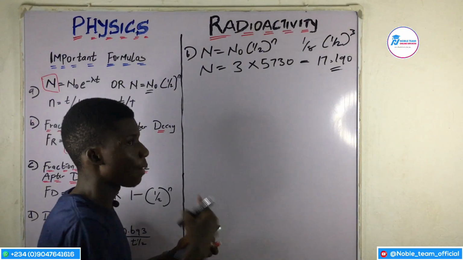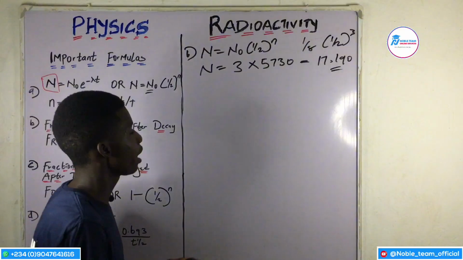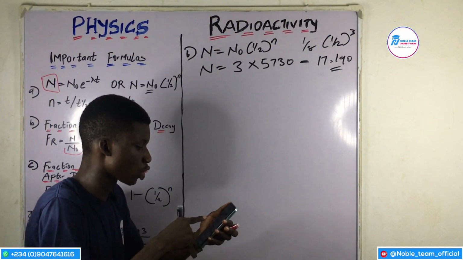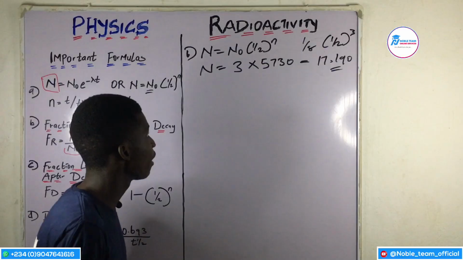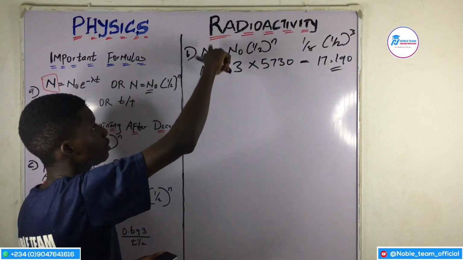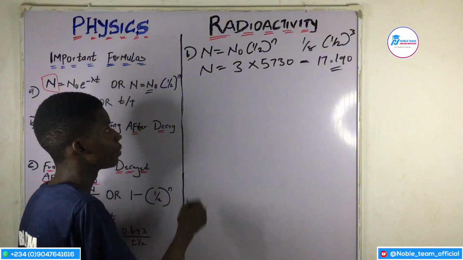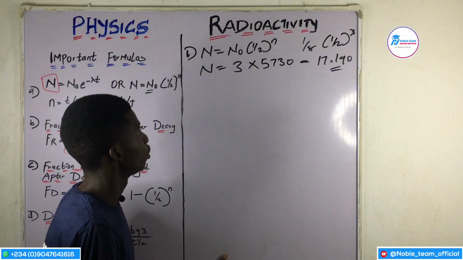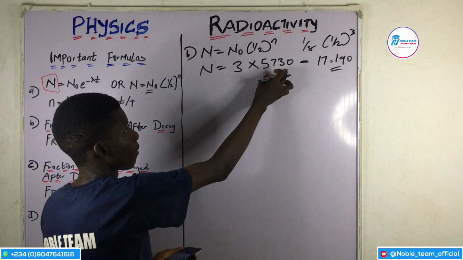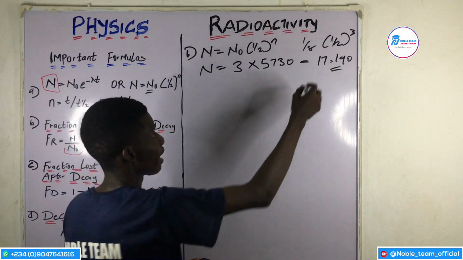You have to apply the sense of indices, because we have been asked in the question to get the age of the artifact, which is the final. That is what we did here, because our initial was this, and our fraction was 1/8.